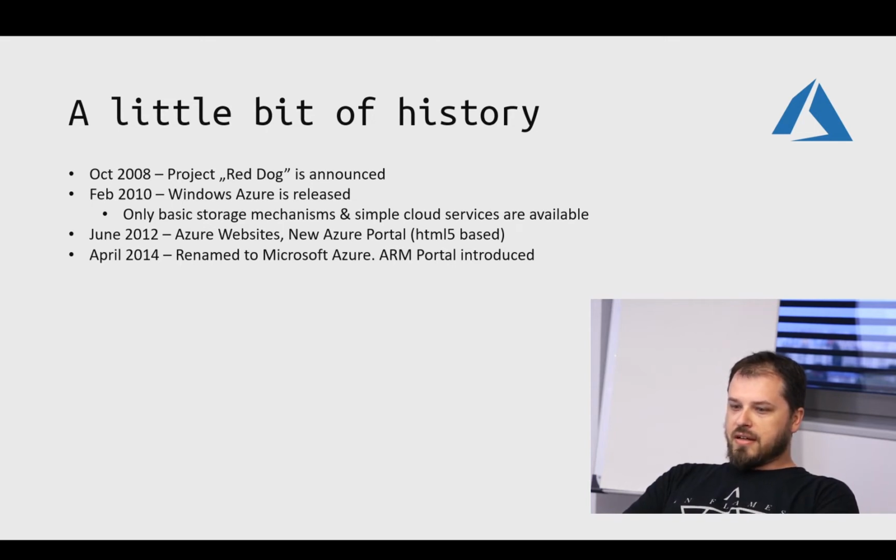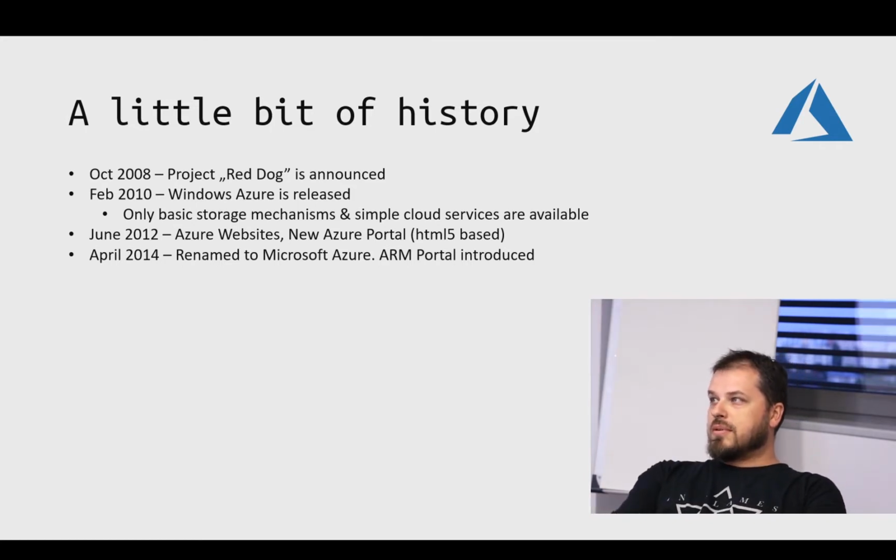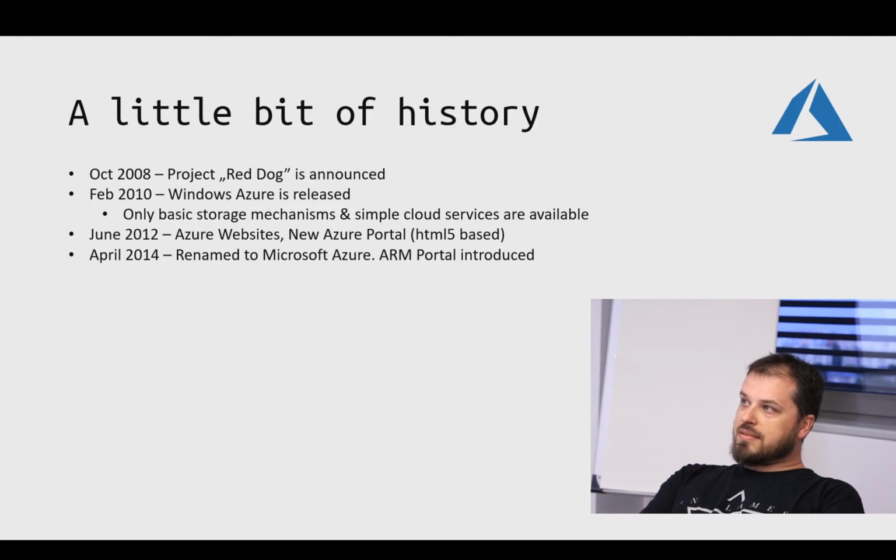A few years later, they completely changed to the platform as a service model. So in June 2012, there was the first modern platform as a service offering called Azure Websites. And they revamped the Azure Portal, and there was a complete change in how Azure resources are managed. All right. So ever since then, we have had a new portal.